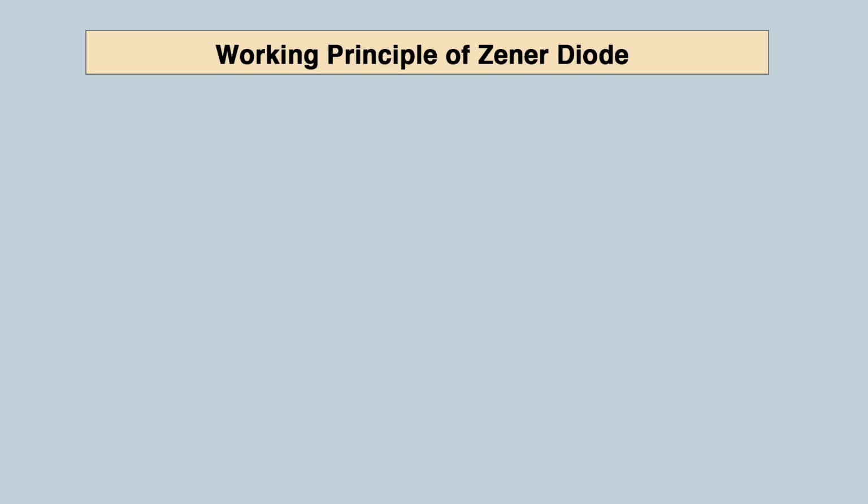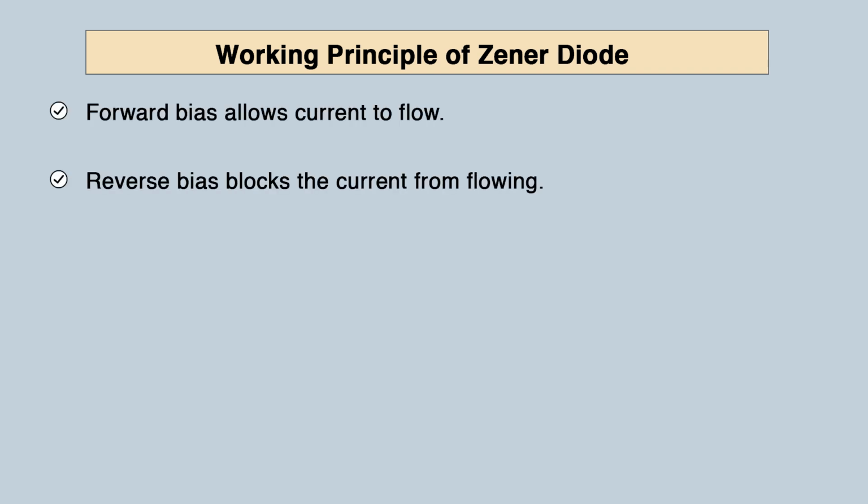Now, let us discuss the working principle of Zener diode. It means that forward bias allows current to flow and reverse bias blocks the current from flowing.